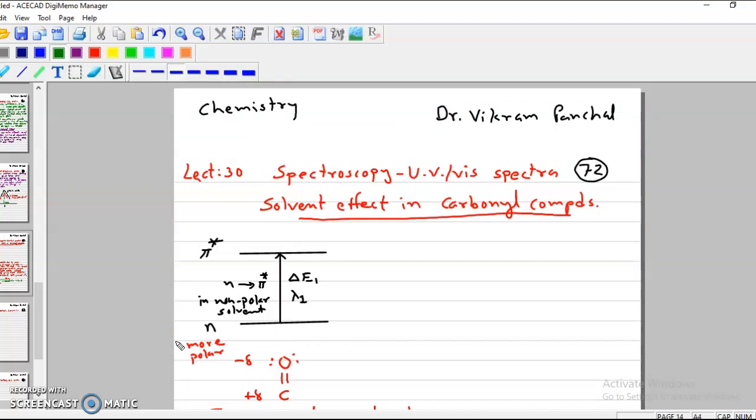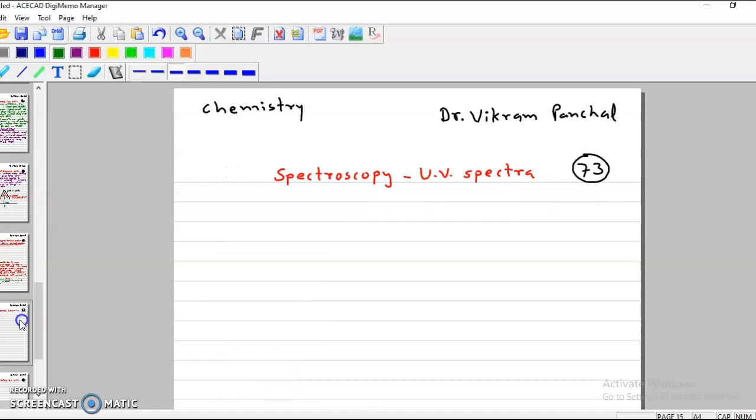So now, in this case, the energy of both n and pi star states will be reduced.